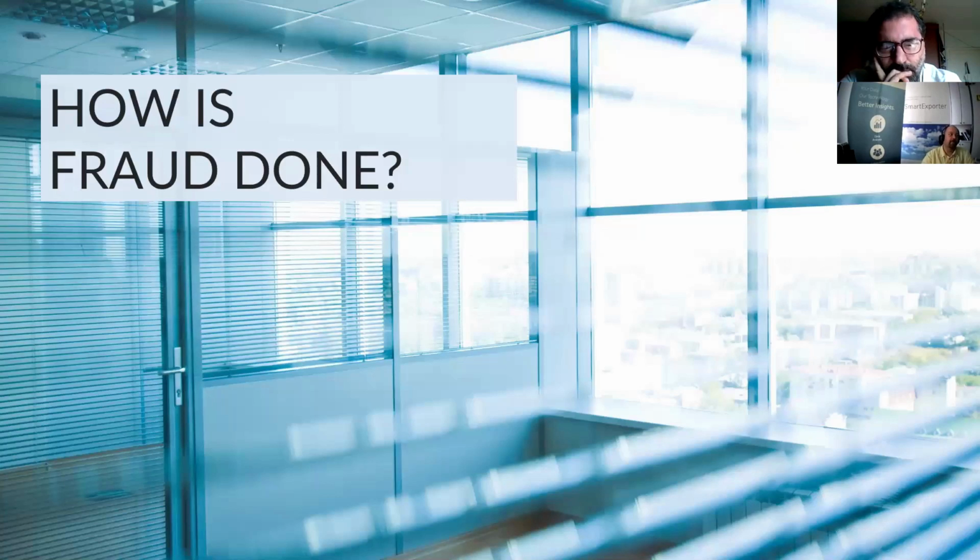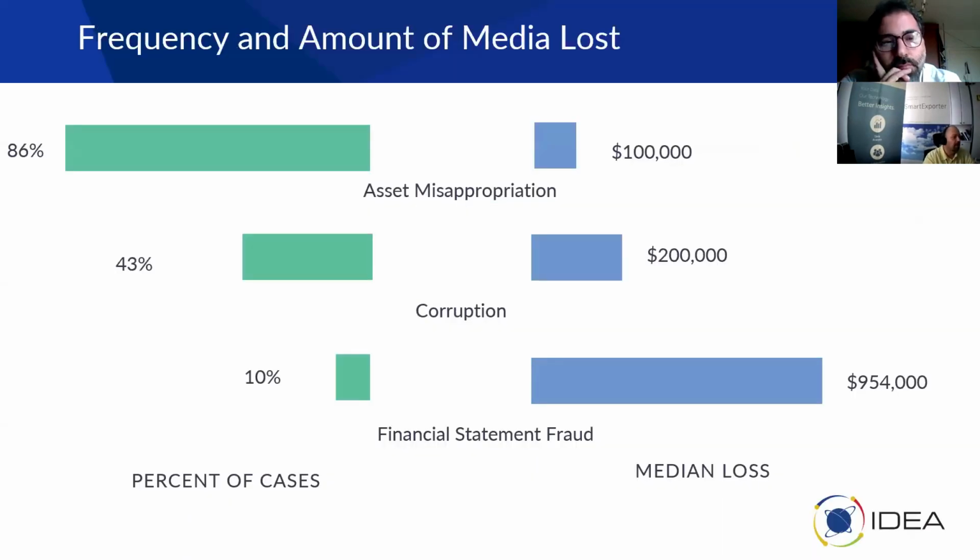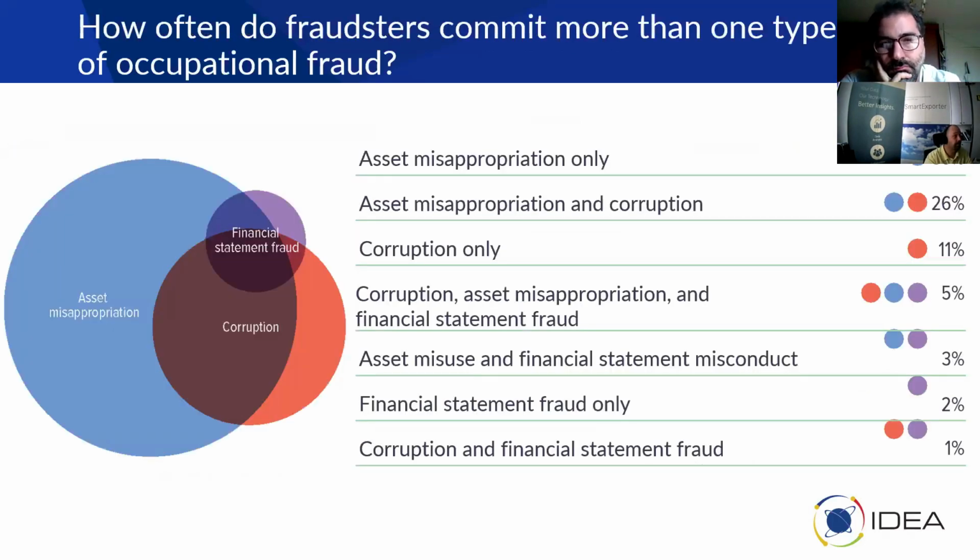Now, how is fraud done? When you see the median loss, especially asset misappropriation happens 86% of the time, but your median loss is $100,000. When you look at financial statement fraud, 10%, but your median loss is almost $1 million. This is the difference.